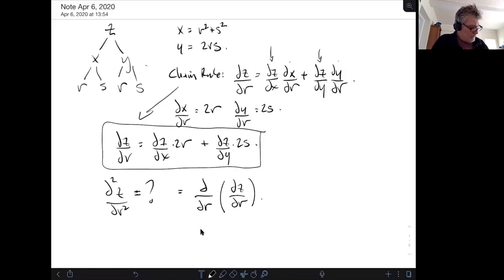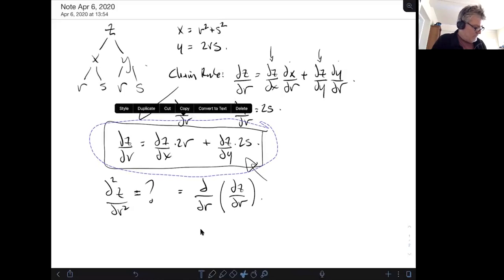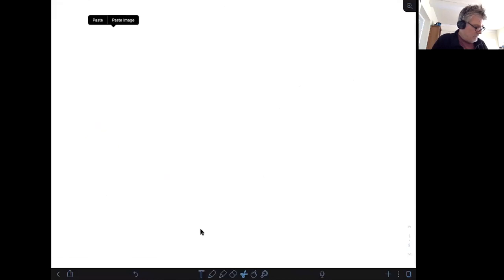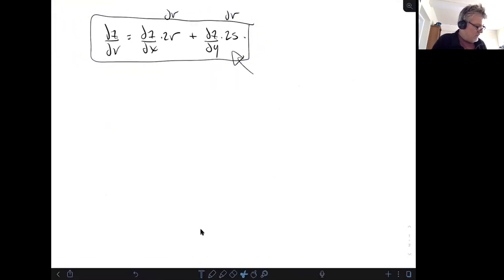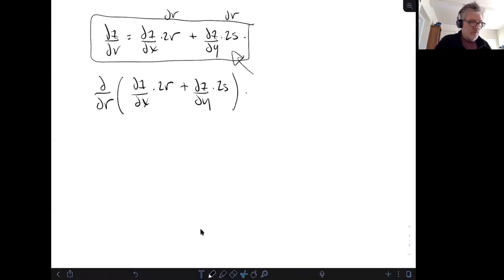So I'm going to compute the partial derivative with respect to r of this whole thing. So here we go. What I want is to compute del r of del z, del x times 2r plus del z, del y times 2s.